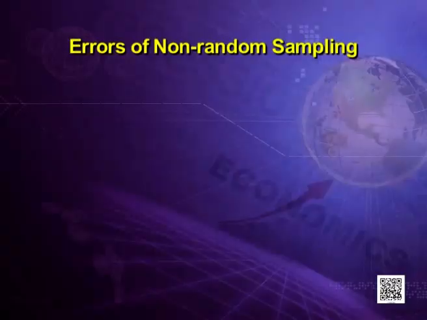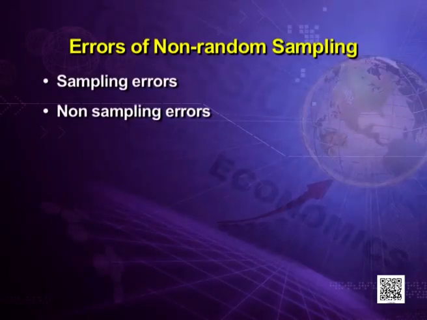After that, we know that data can be collected either by the census method or by the sample method. There are two kinds of error which may appear while collecting data: sampling error and non-sampling error.